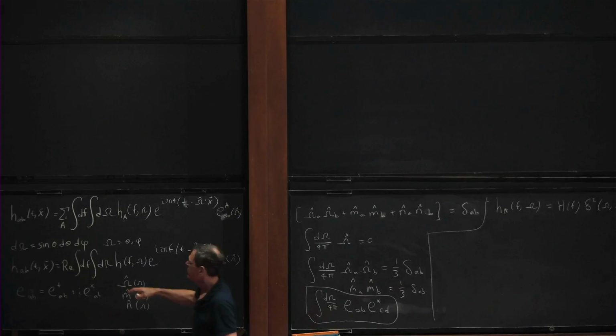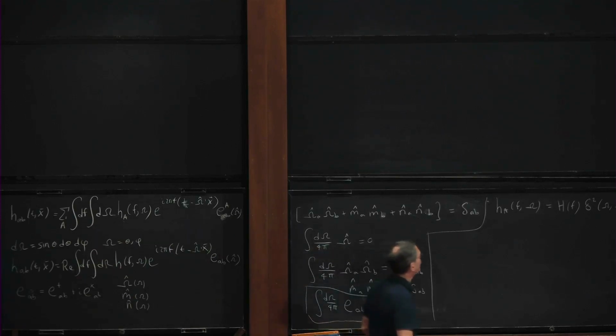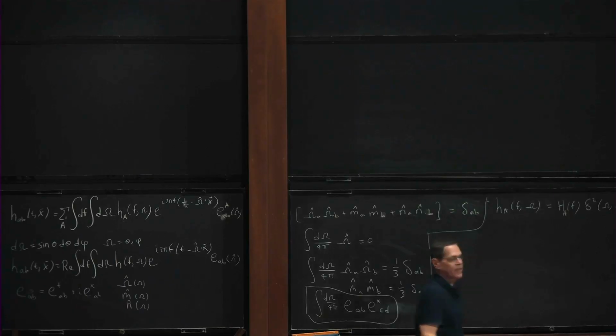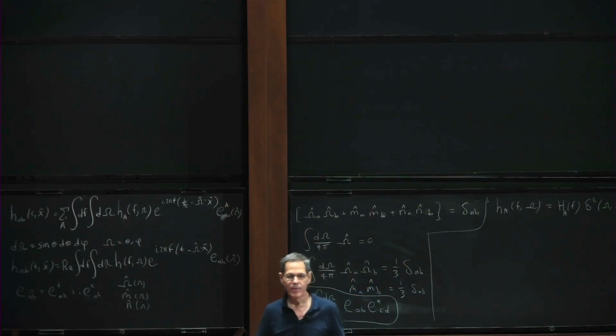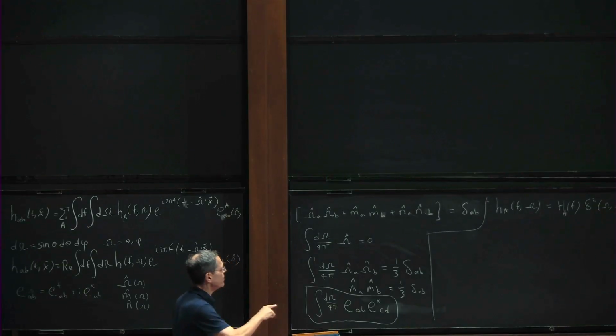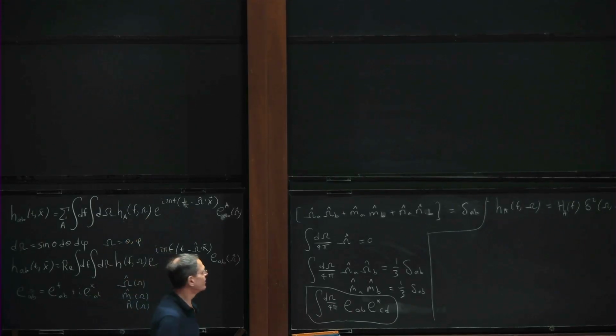So now you can do this integral immediately. I want to put an index on my h here. I want to allow myself to have two different functions, capital H. There's a frequency-dependent thing here, and I've said this function is now going to be 0 except for a particular gravitational wave propagation direction.